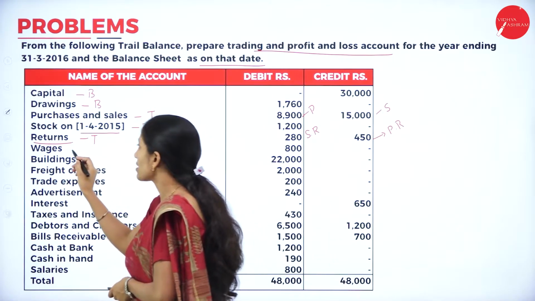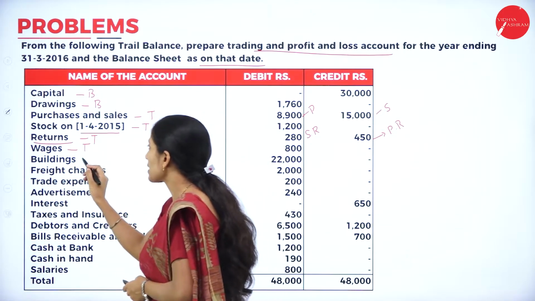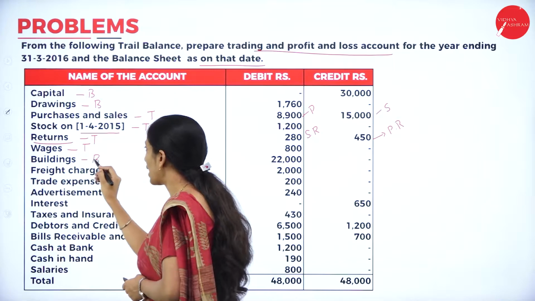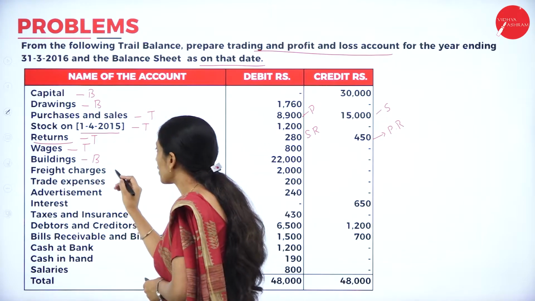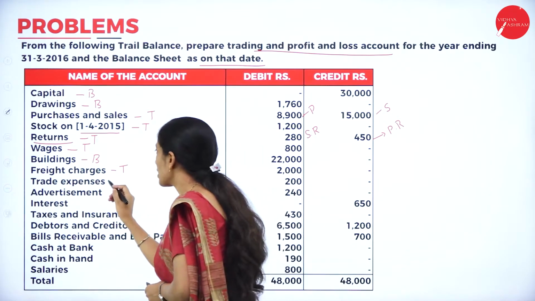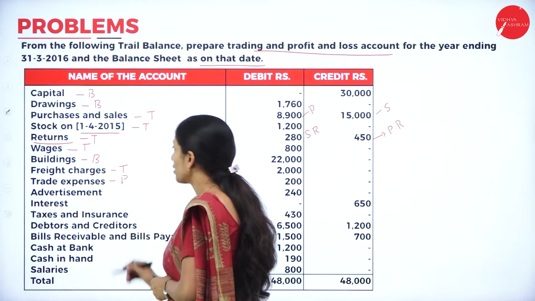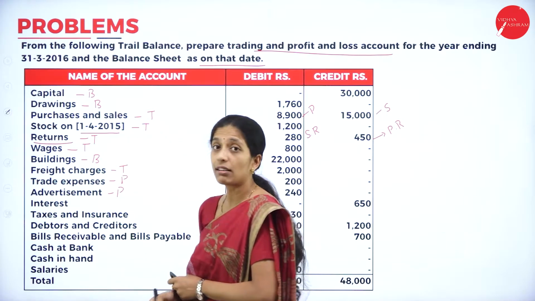Next, wages. It is a direct expense, we will record it in the trading account. Next, building, it is an asset, we will record it in the balance sheet. Freight charges, where do we record? We will record it in the trading account. Next, trade expenses, that is in the profit and loss account. Advertisement, profit and loss account. Interest they have given.